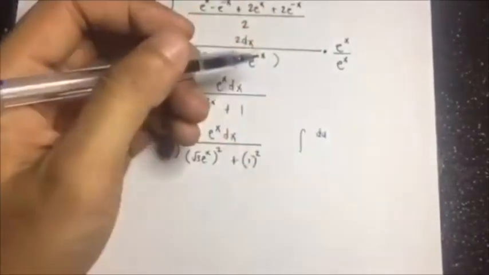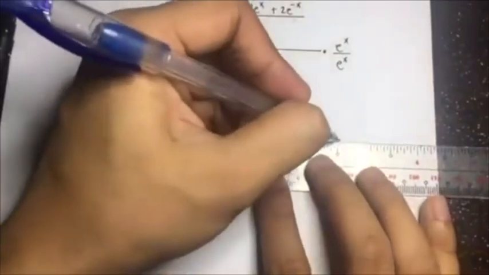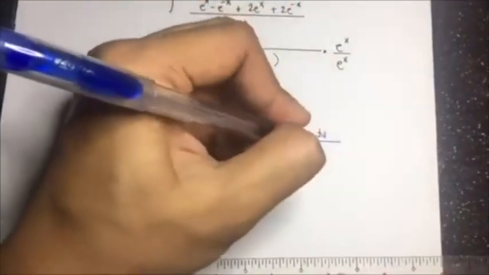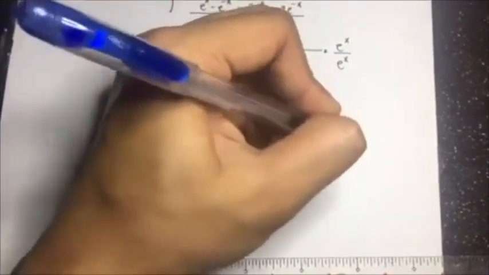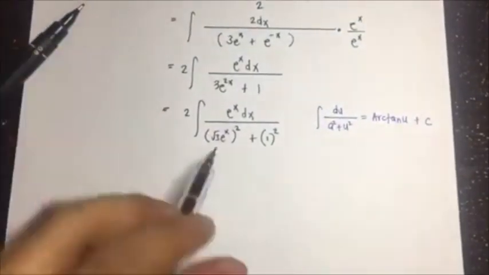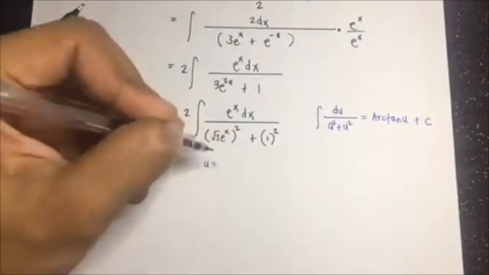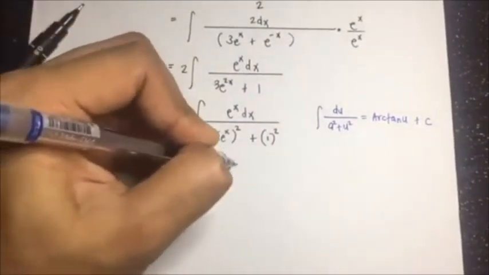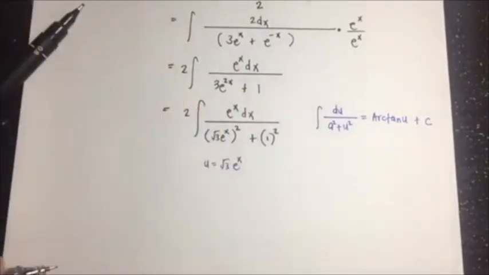So integral of du over a squared plus u squared is equal to arctan of u plus c. Okay, so here our u is square root of 3 e raised to x.